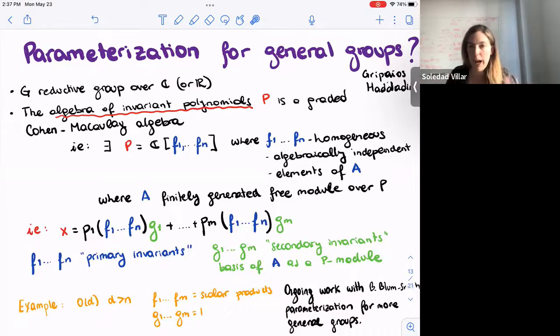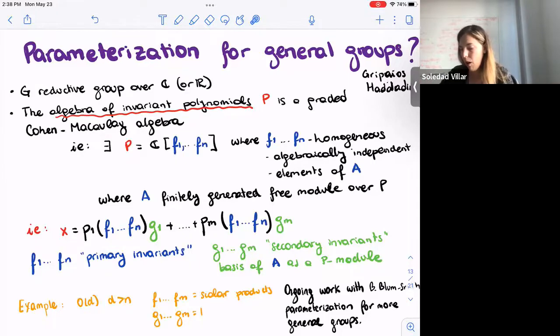Say, if I give you a group acting in a weird way on a space, I don't know what the invariants are, but maybe that's something we can work out. But even if we know the invariants, it can happen that they grow exponentially with the number of nodes. For instance, for the graph neural networks that I showed you earlier, the size of the basis of invariants would grow exponentially with the size of the graphs, and that's not something we can work with in general.